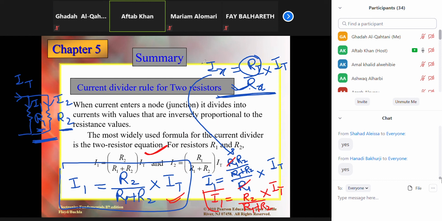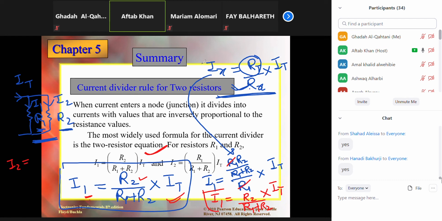Okay, so the only thing is how you can memorize it. If this is current 1, in the numerator you will be having resistance 2. If you are writing for, let's suppose, I2, what will be my formula?